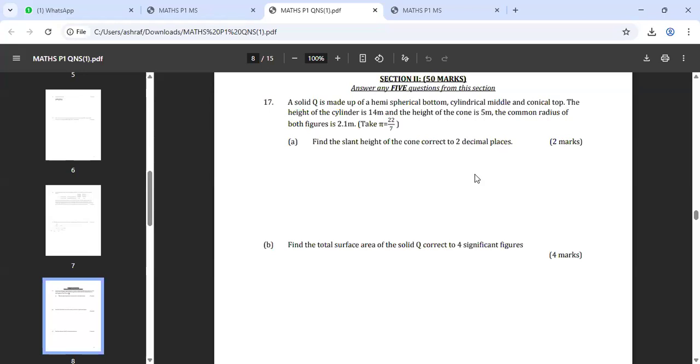Yes, Melvin. The surface area of the cylinder, the hemisphere, and the conical top.